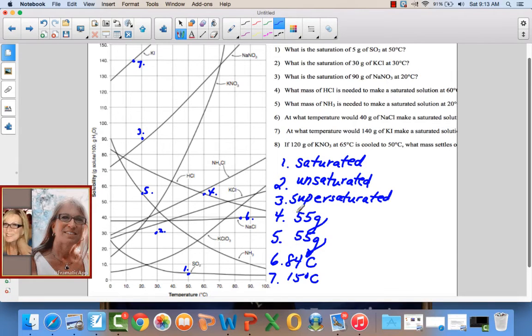If I have 120 grams of KNO3 at 65, so where are we?